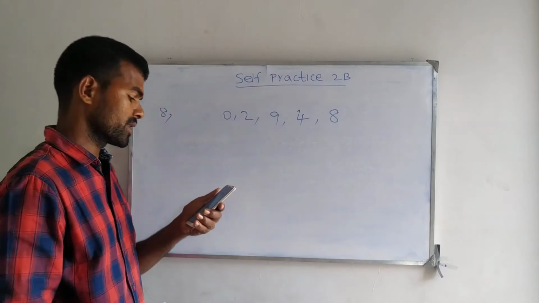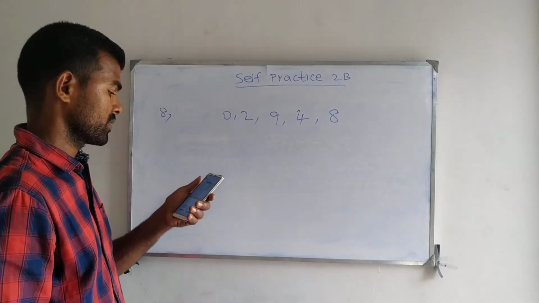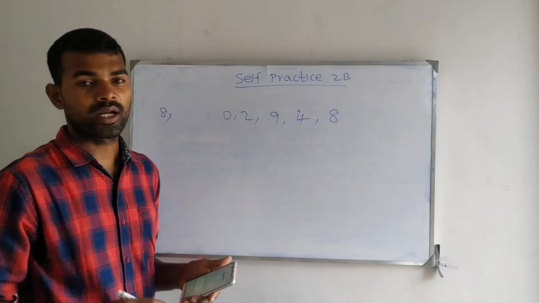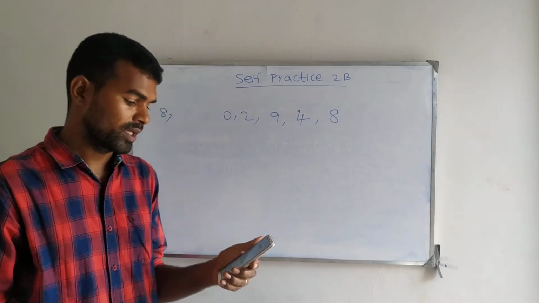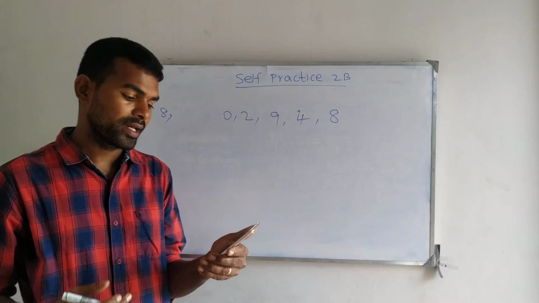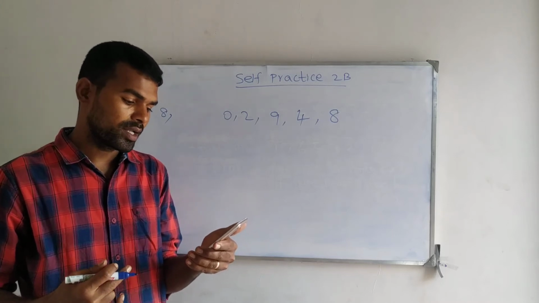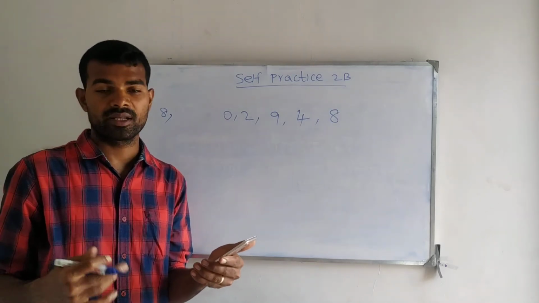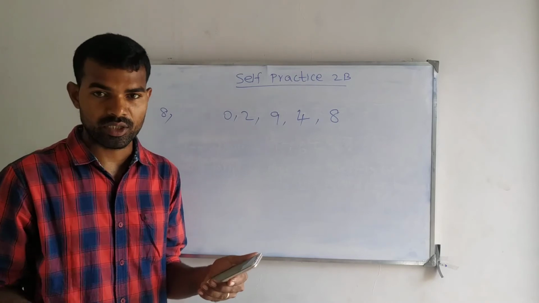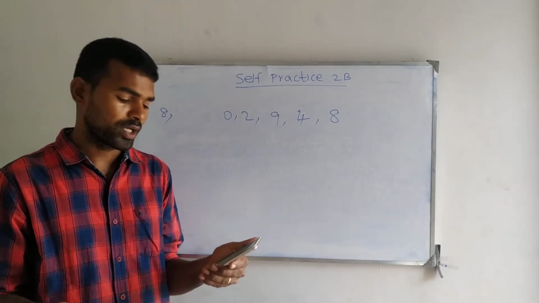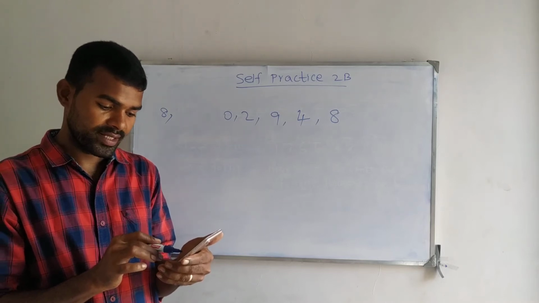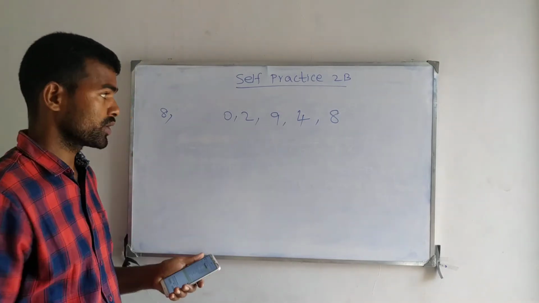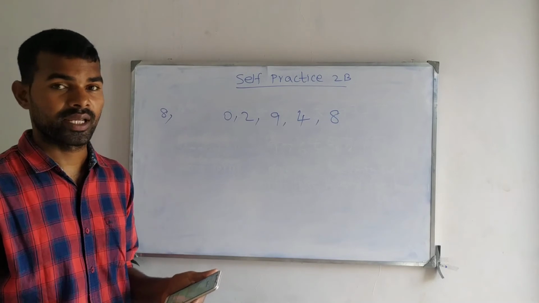These are the digits given here. You have to form a 6-digit number. Just read the question one time. It tells you to write the smallest and the greatest number. You have to write 2 numbers. Smallest number you have to write, and greatest number also you have to write.